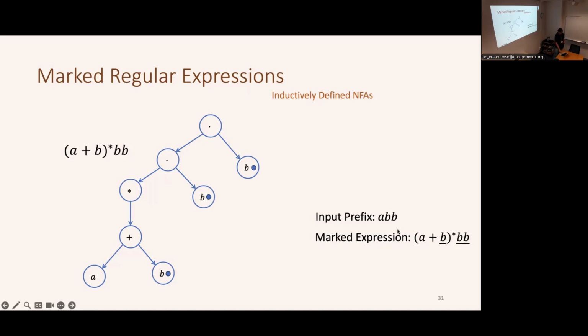This is why I mark each of the three Bs. This is the main picture I have in mind when I think of marked regular expressions. They are just NFAs, and in the data structure itself, I have an additional mechanism which lets me represent where the tokens are.